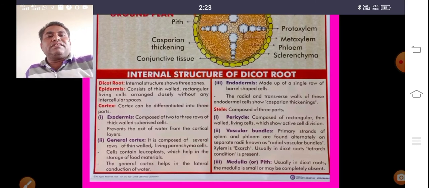Now let us go through them. Epidermis is the first part. Here the dicot root's internal structure shows three zones. The first zone is the epidermis, the second zone is the cortex, the third zone is the stele.